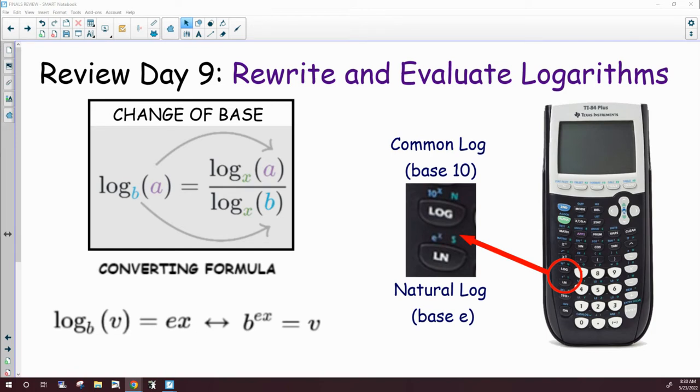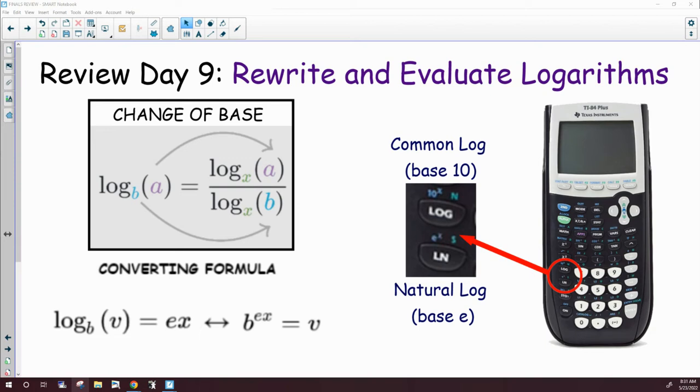Okay, those buttons can convert common logs and natural logs, and that's it. Can you use those buttons for log base 2? Not unless you use the change of base. The change of base is used whenever you have a logarithm that is not base 10 or base e.